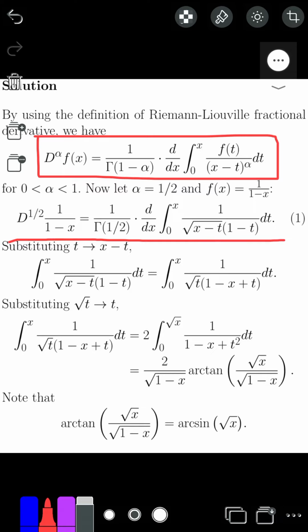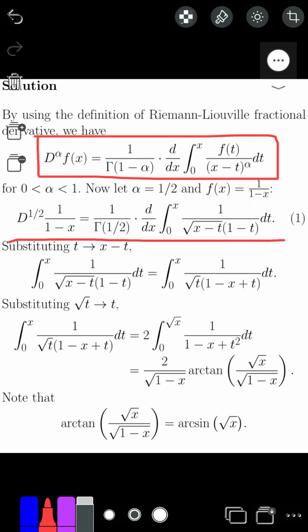Let's say this side is square root of x, this side is square root of 1 minus x. Sorry for the bad handwriting, I'm just not used to writing on the phone screen with my hand. Let's say this angle is theta. Anyway, let's say we have a right triangle here, right?